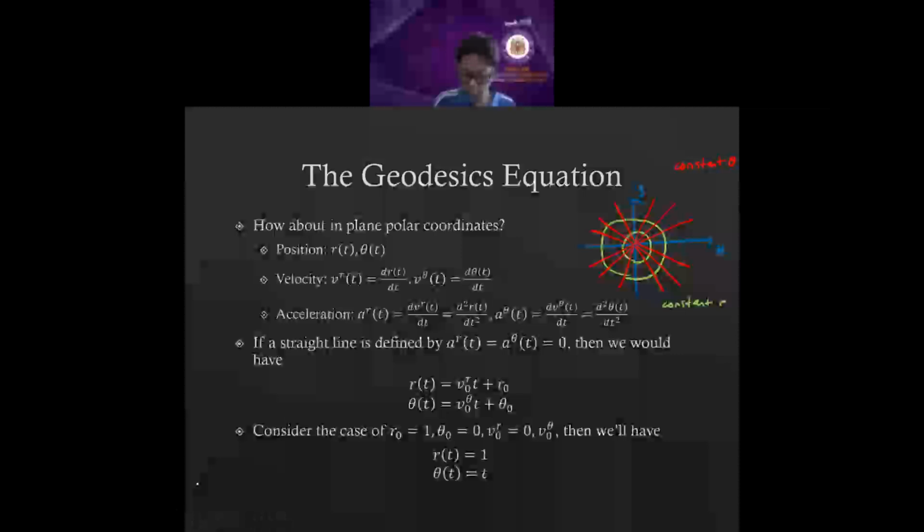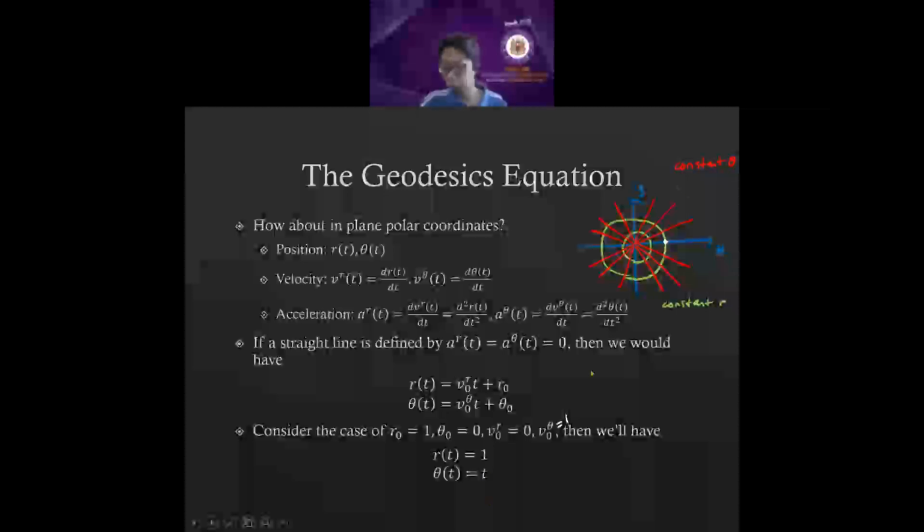Suppose that the initial position is somewhere here, and the velocity is only in the north direction. Suppose the velocity in the theta component equals 1, then you are led to this solution where r remains at 1 and theta increases with time.